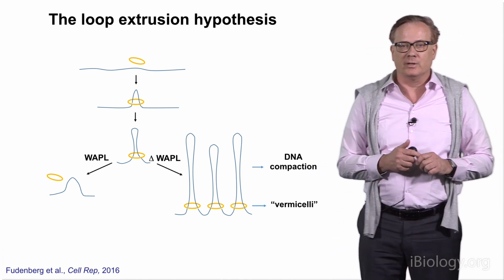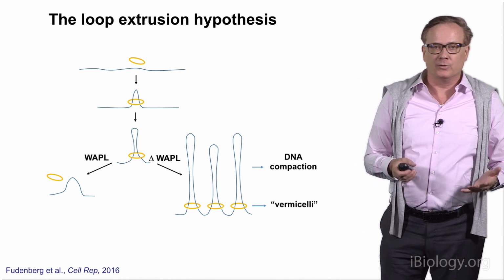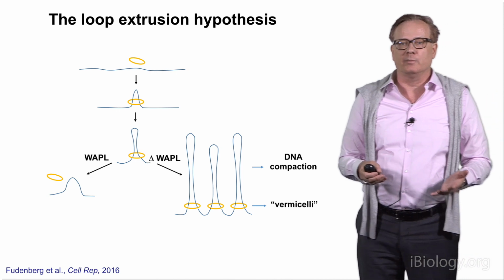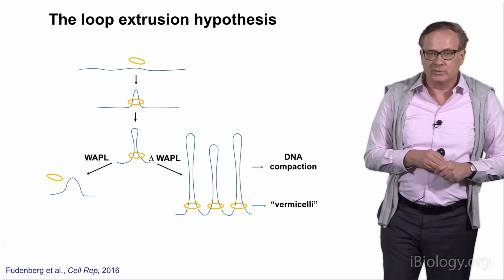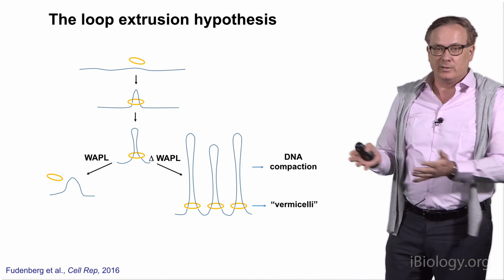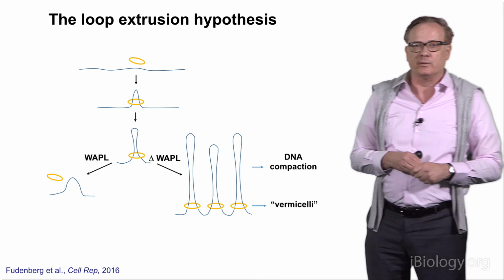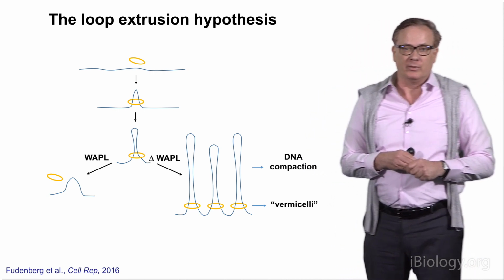I'll explain in a second what that is. Then Kim Nasmyth postulated that condensin would form loops by such a mechanism in mitotic chromosomes, and by extension maybe also cohesin would do something similar. And then after that, Leonid Mirny and several others, Erez Lieberman Aiden and John Marko, also came up with this idea.